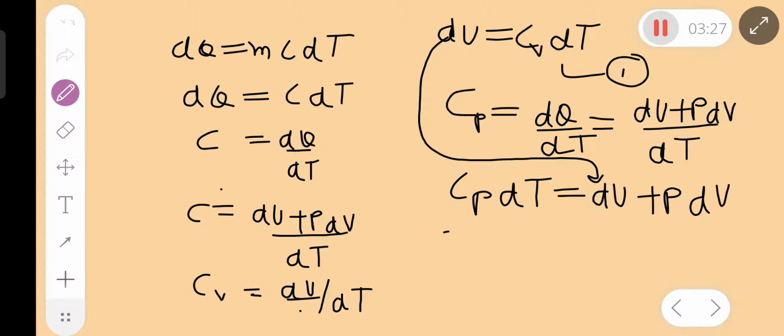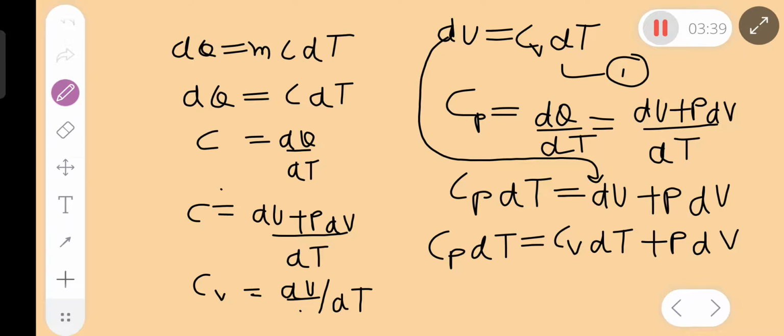So substituting the value of du here, Cv dt plus p dv. Okay, we take Cv dt to the left hand side. It can be written as Cp minus Cv, dt common, is equal to p dv.